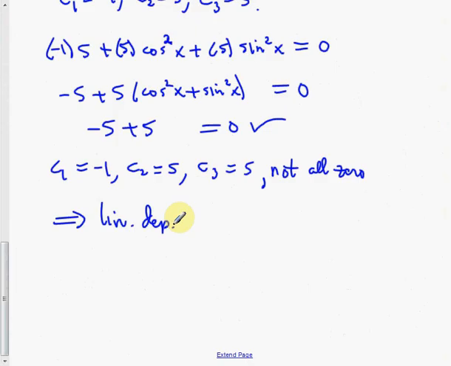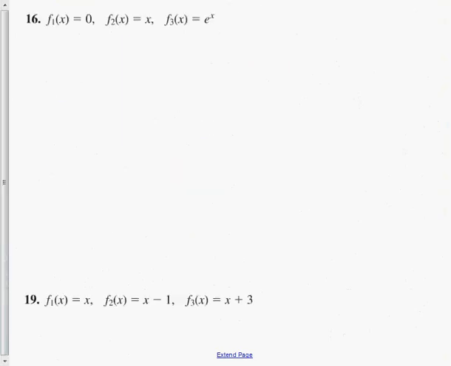C1 equal to 0, C2 has to equal 0. There's no other choice. If it's possible where there are other choices, then you're talking about linearly dependent, right?